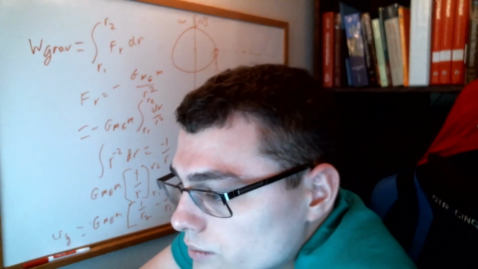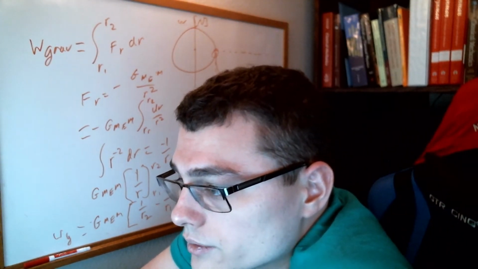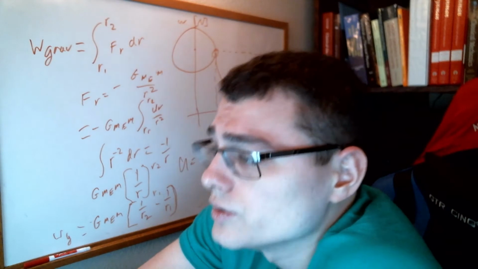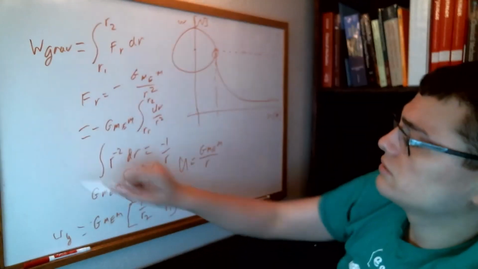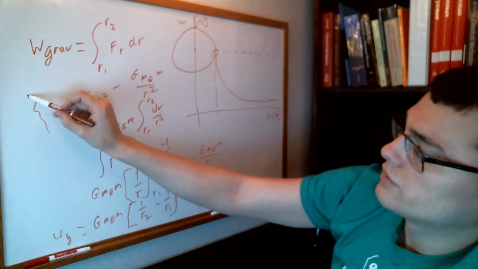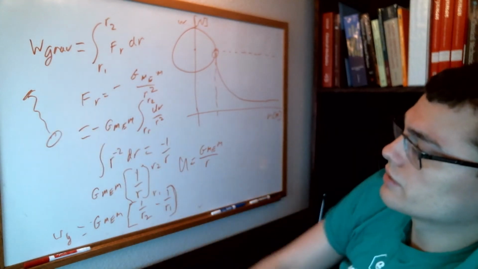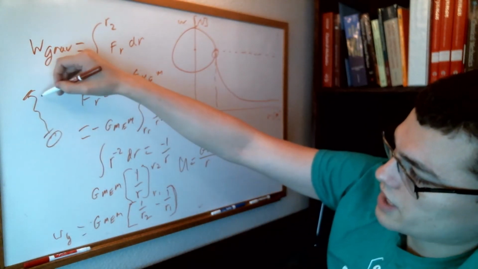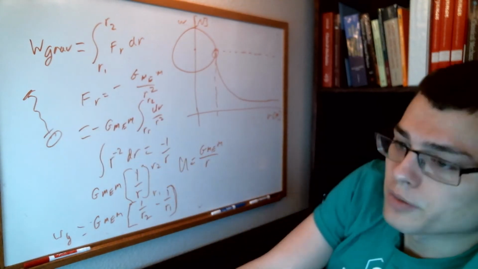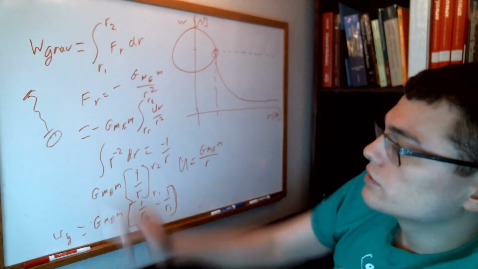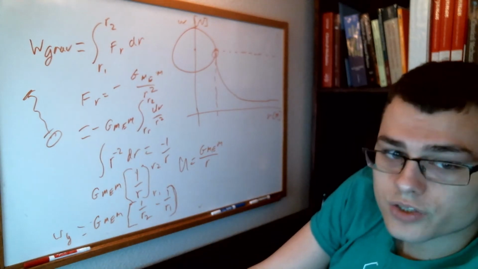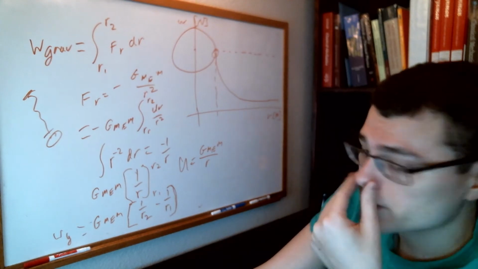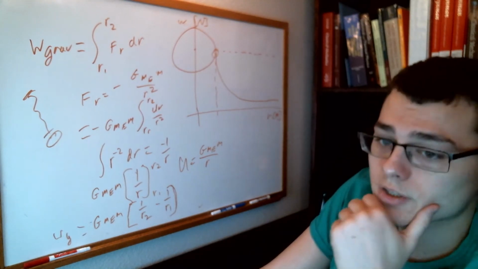Okay, so remember that the work only depends on the initial and final values of r, not the path taken. So you can take some silly path from an r here to say the Earth here. You can take any which way path, but the only part of the path that matters is the radial component of this. And so then this means that this gravitational force is a conservative force, and we see that it's independent of the path, which is a very keen observation that you guys are going to need.